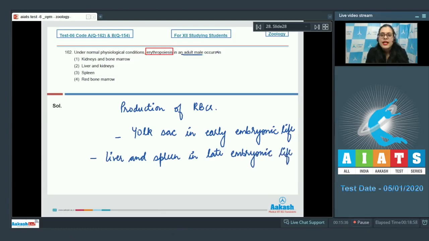Whereas in adults, erythropoiesis occurs in red bone marrow. So the correct answer to this question is option number 4, whereas option number 1, kidneys and bone marrow, option number 2, liver and kidneys, and option number 3, spleen are incorrect options. And the correct answer to this question is option number 4. Now let's move on to the next question.